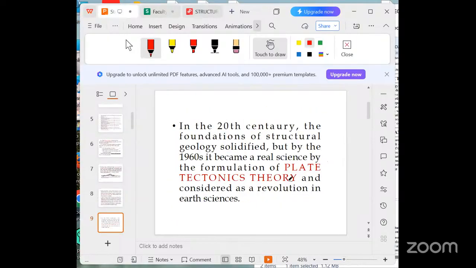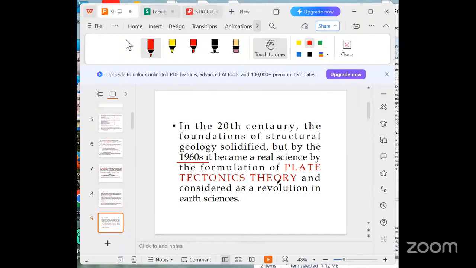After the 18th and 19th centuries, in the 20th century, the foundations of structural geology solidified. But by the 1960s, it became a real science with the formulation of plate tectonics theory.